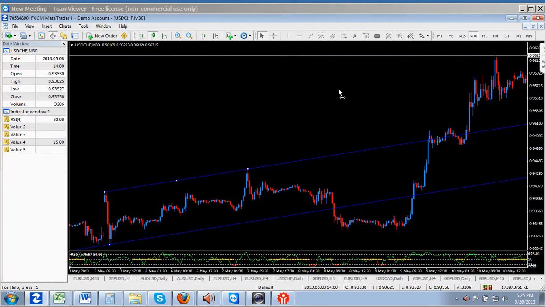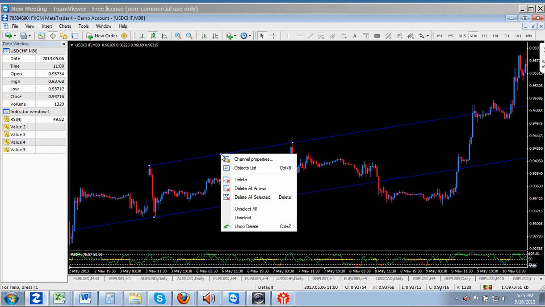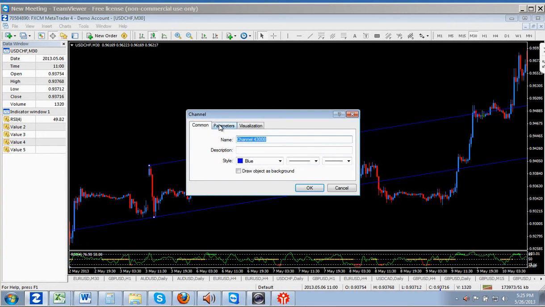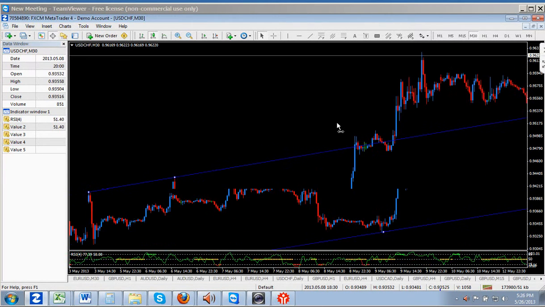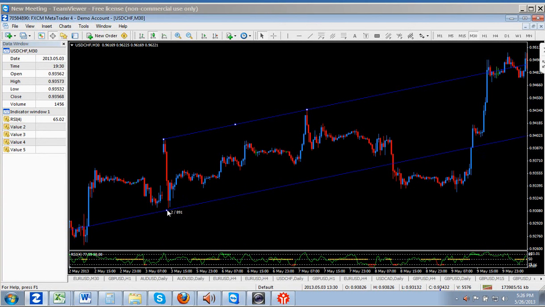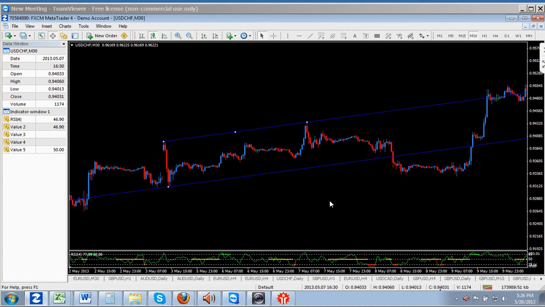And is it redundant, right? Now let's see what the properties are. Okay, there's no properties. So you can use it, but I don't see any advantage over the fib channel. It's just 2 lines sitting there, you know. Maybe somebody knows how to use it better than I do. I've never figured out what this offers more than your regular fib channel tool.